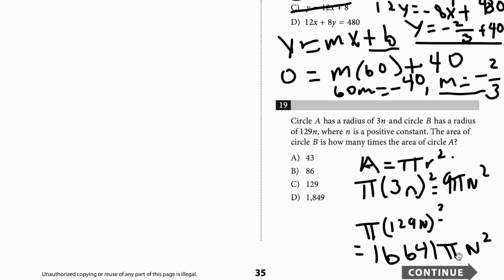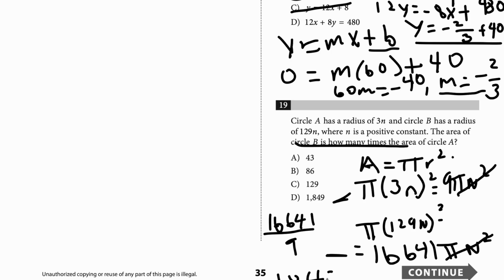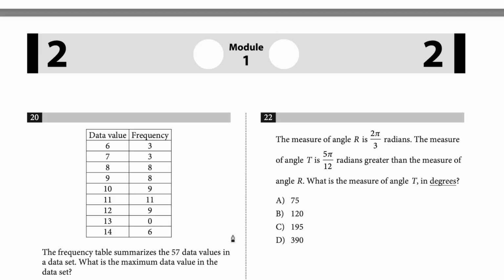We could cross out pi and n squared for both parts because we're trying to find out how many times larger the area of circle B is than circle A. So we would just make a ratio. So it'd be 16,641 divided by 9, which would give us 1,849, which is the same as option D. Let's move on to the next one.